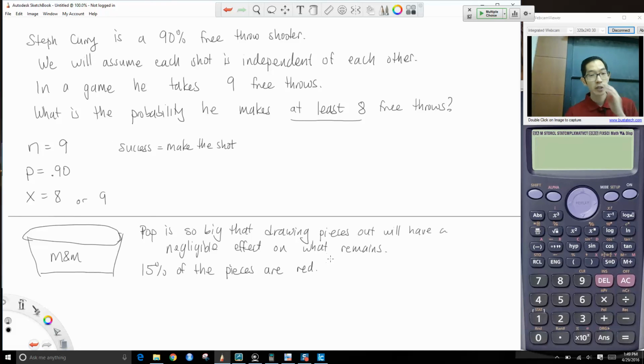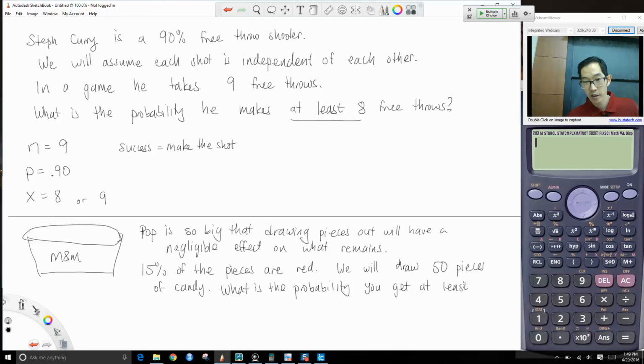And then we will draw, I don't know, 50 pieces of candy. We're going to ask, what is the probability you get at least 6 red pieces?